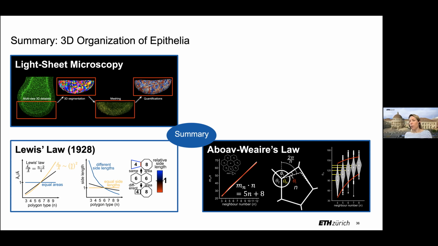Thanks to Aboav-Weaire's law, if you follow Aboav-Weaire's law, then you effectively minimize the divisory angle that you need to have in order to fit into that contiguous lattice, again, having the most regular polygons possible.